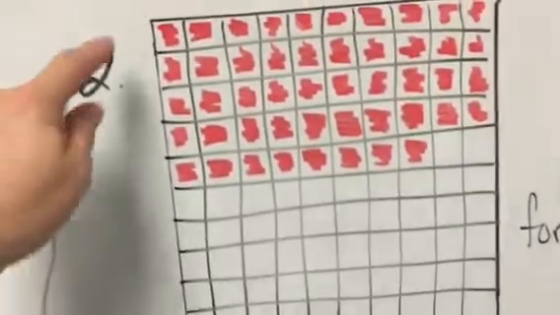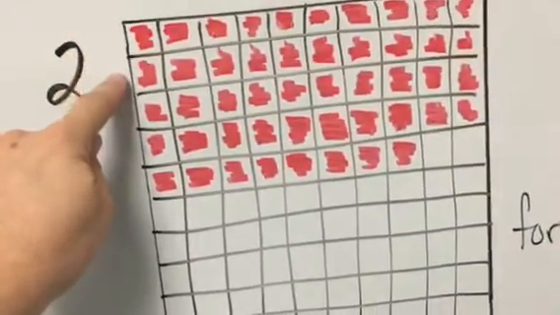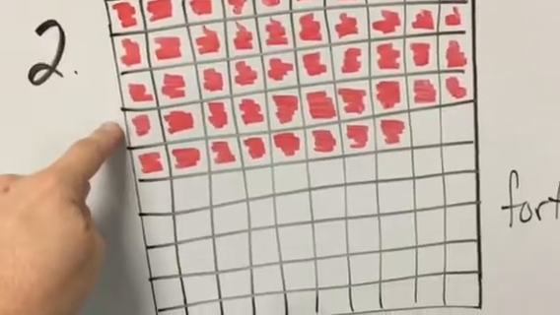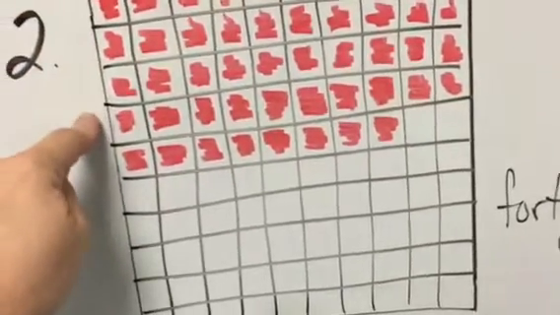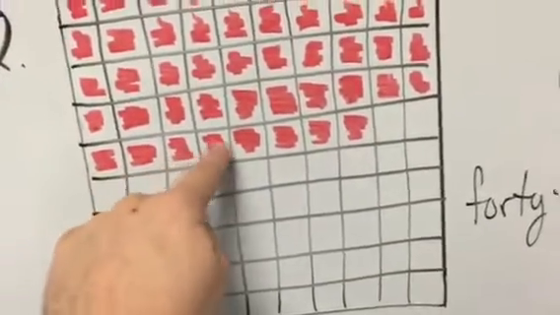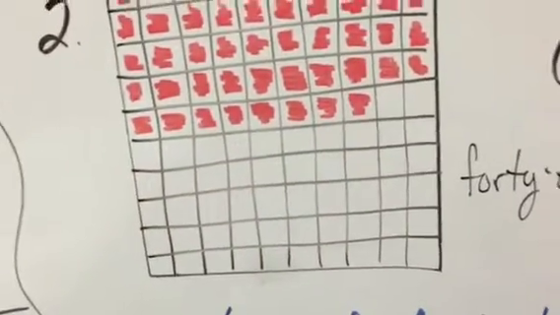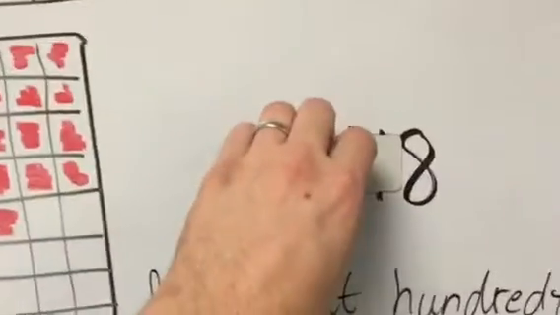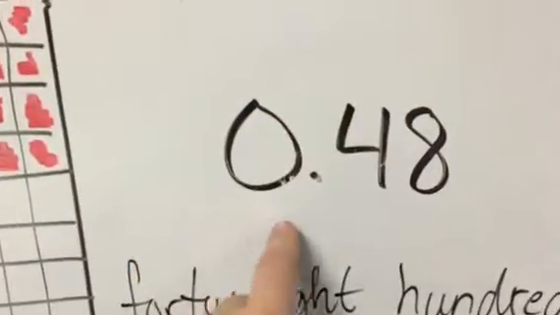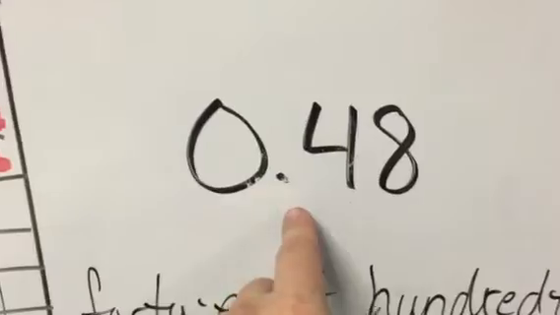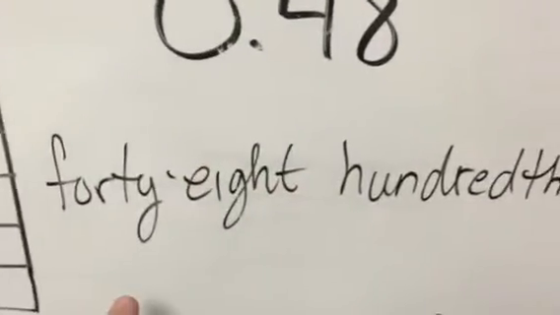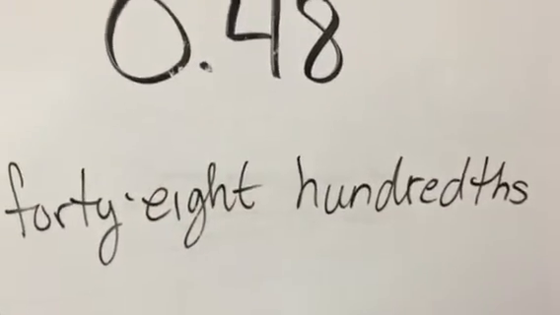And I have 10 shaded in here, 10 here, 10 here, 10 here, so that's 10, 20, 30, 40, 41, 42, 43, 44, 45, 46, 47, 48. So that's 48 out of 100. So I write that as 0.48, or I'd read it as 48 hundredths.